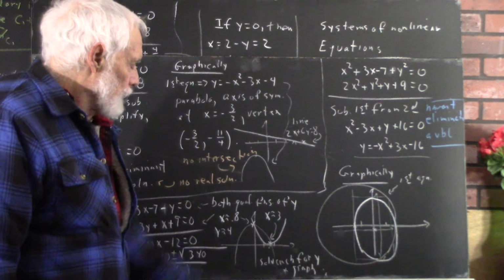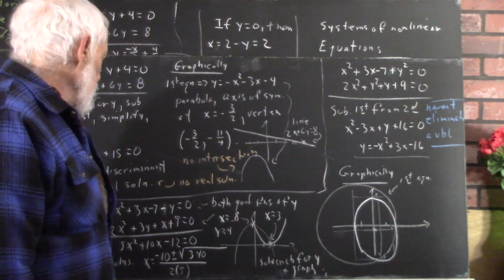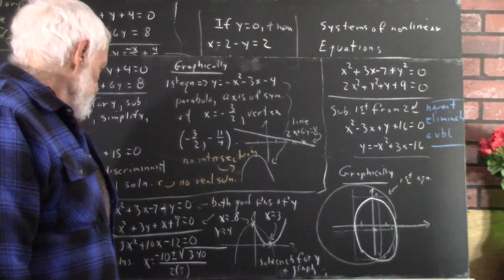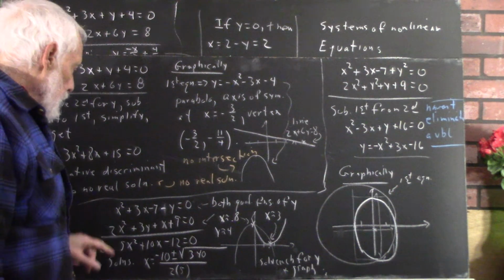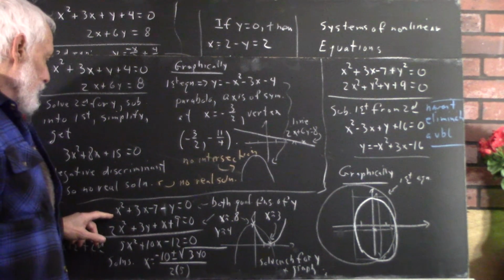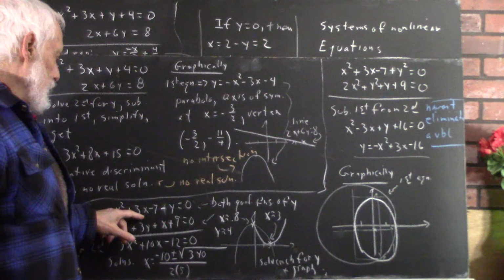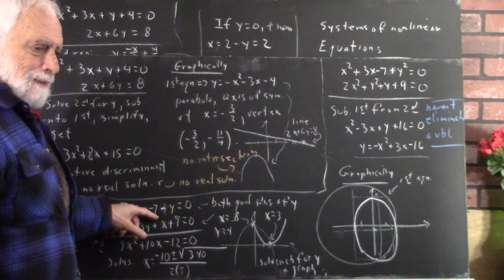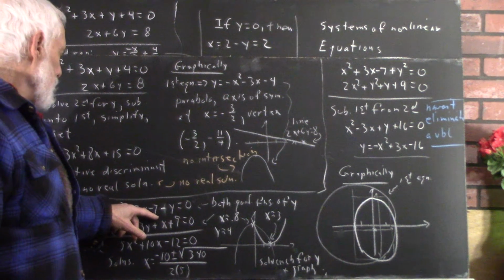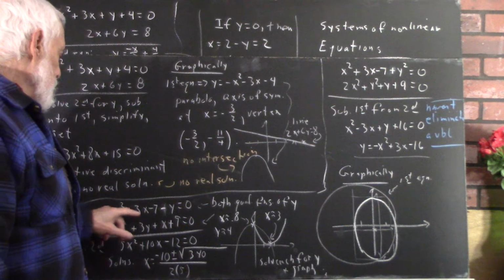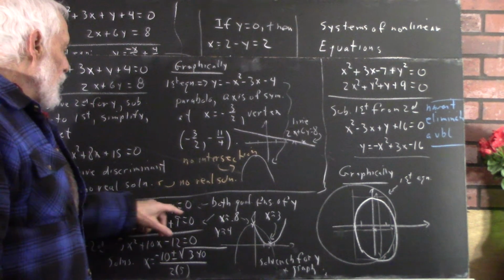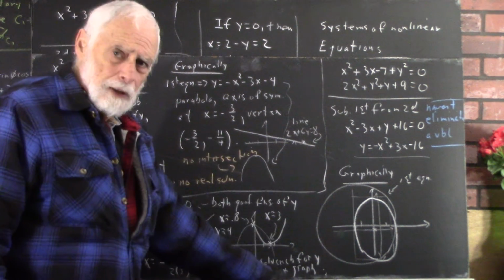And it looks like the x value ought to be pretty small, but if you plug x equals 3 into this equation, you get 9 here and 9 here, which is 18 minus 7, which is 11, when you add all this up. And you get y equals negative 11, which is going to be way down there.